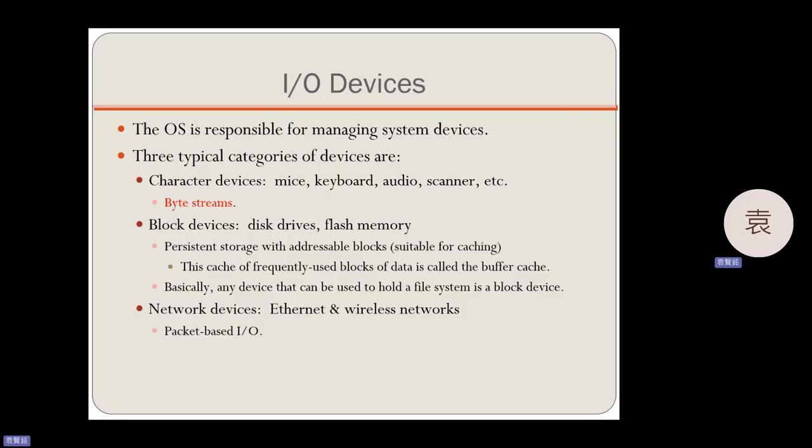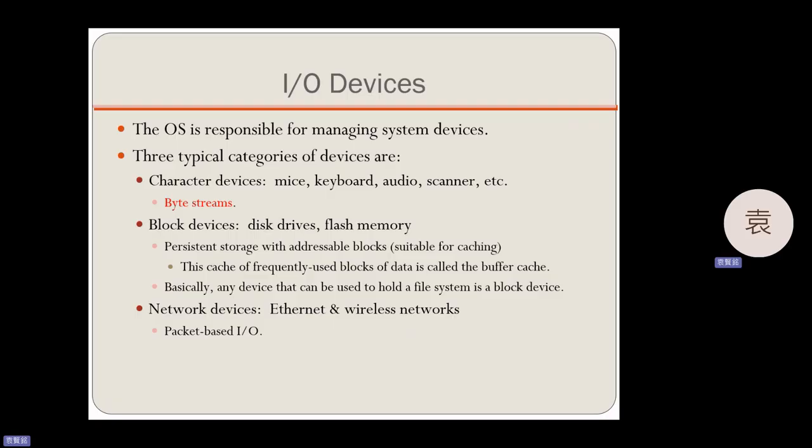Another type of device we call block devices, for example disk drives and flash memory. Those usually communicate with the system not one byte at a time, but a block of bytes at a time.